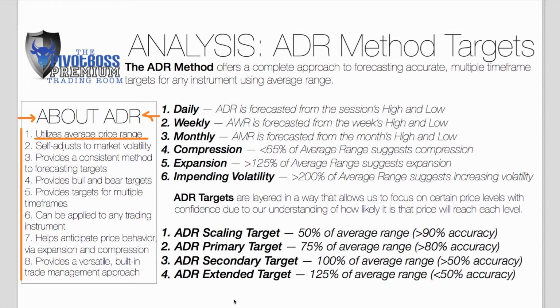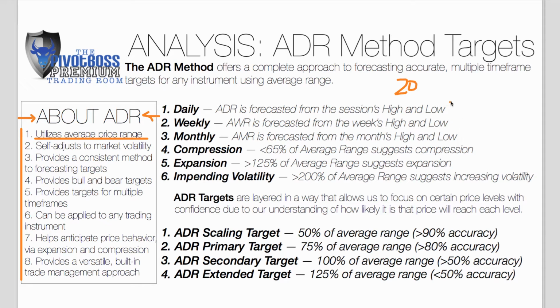When I first created the ADR method, I created it for real-time intraday targets. This is the method I used for many years to identify how far price could go in my favor. I would take the average range over a 10-session period, and say, okay, the average range in the ES right now is 20 handles.